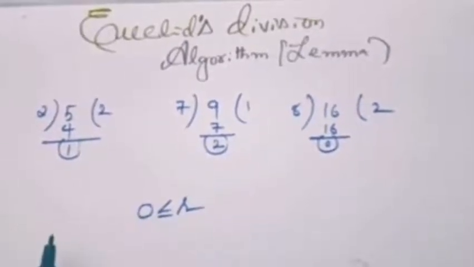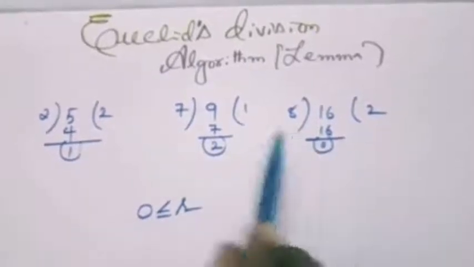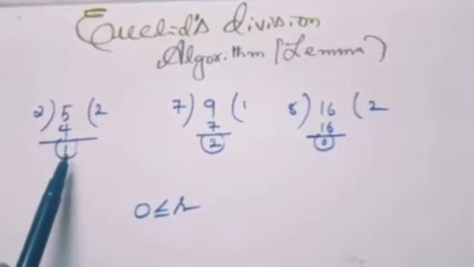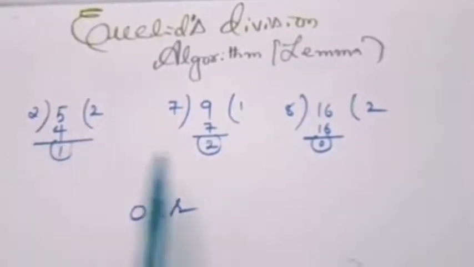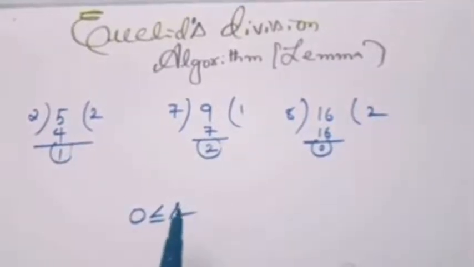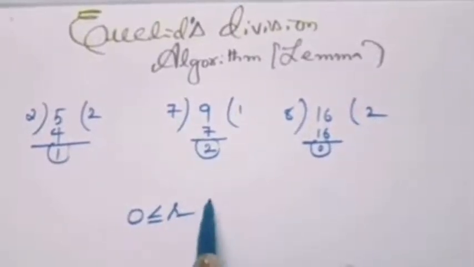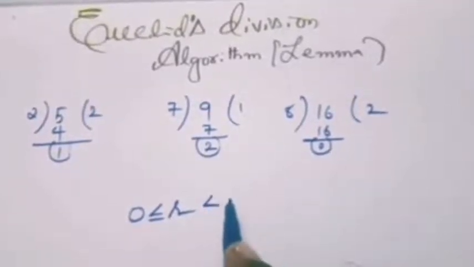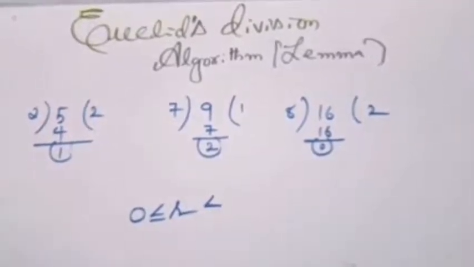If you observe one more thing, look at the remainders and divisors. In this example, remainder is less than the divisor. Here also, here also. So for any division, remainder is always less than the divisor.